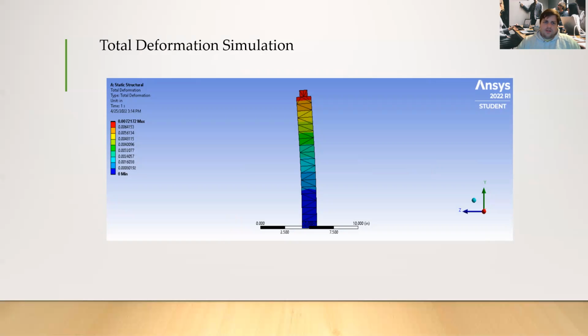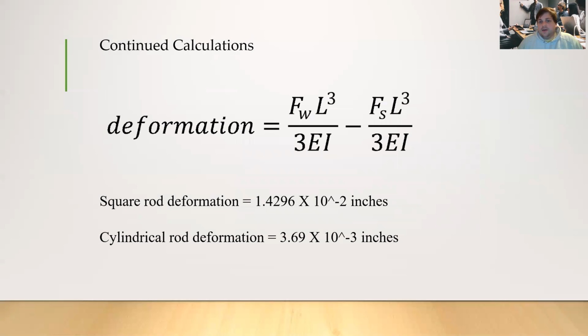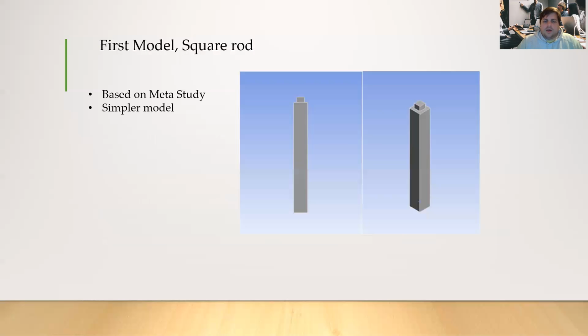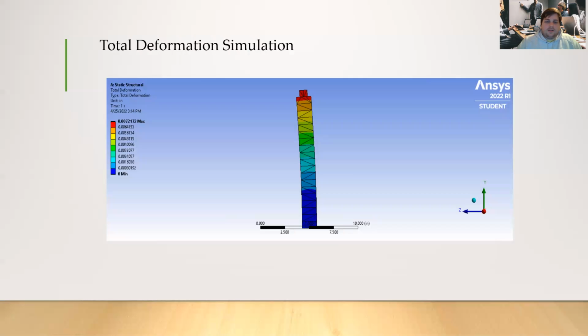Going into the simulation for the total deformation, at the very end of the peg, it came out to 0.0072 inches of deformation, which, if you had seen from my calculation, was about 0.0142, which is roughly double. It was close, but it obviously wasn't exact.